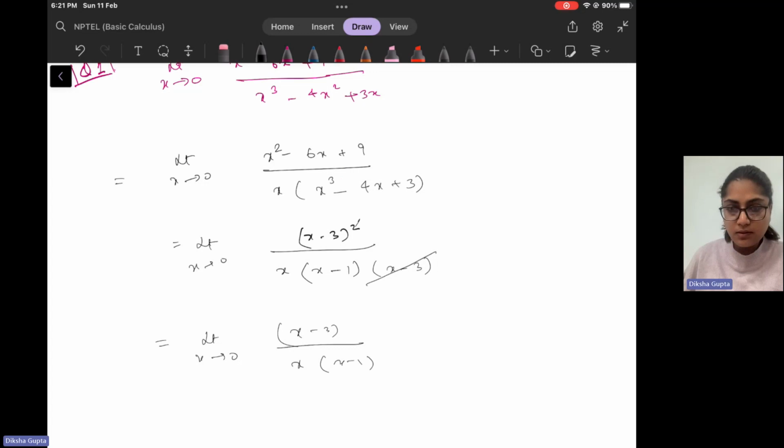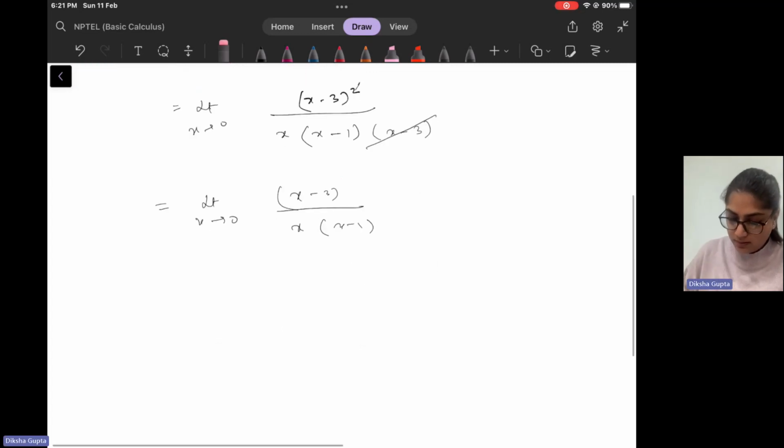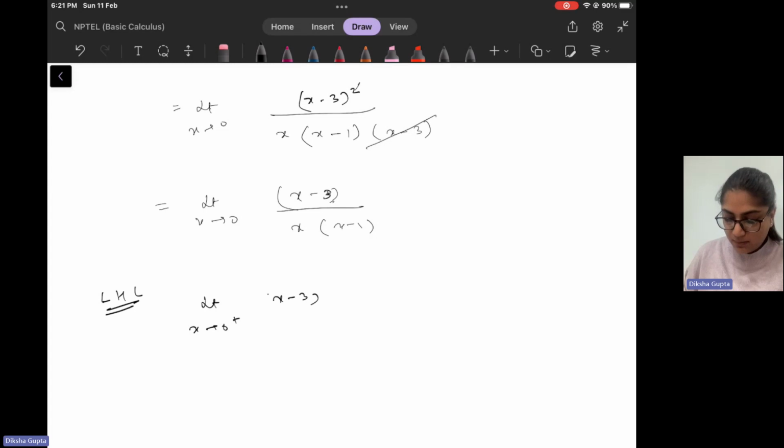Now we know that the limit will be infinity or minus infinity, because for x tending to 0, this is 3, this is 1, and this will make it infinity. It is like 1 by x. But you will have to see the left hand limit and right hand limit. The right hand limit is limit x tending to 0 plus of (x minus 3) upon x(x minus 1).